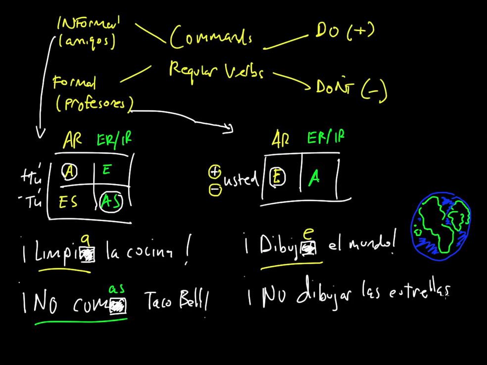So you're going to tell me right now, don't draw the stars. So we're going to take off this AR. And guess what? We're going to select this E all over again because it is true for both positive and negative usted commands. So I'm going to write the E again. So now it says, no dibuje las estrellas. Okay, don't draw the stars.